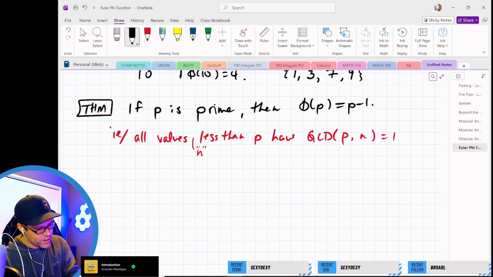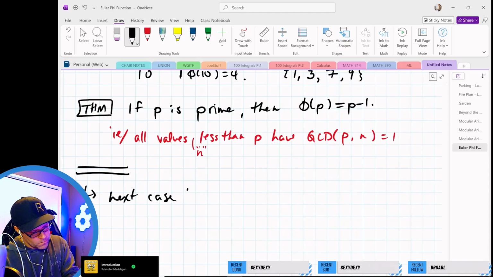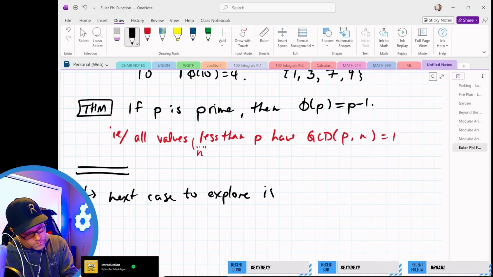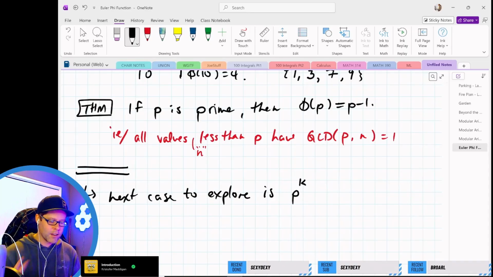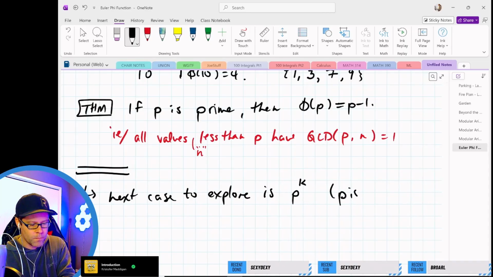So the next interesting case that I want to look at is what happens if I have a prime number and I raise it to some kind of power. So here p is prime.